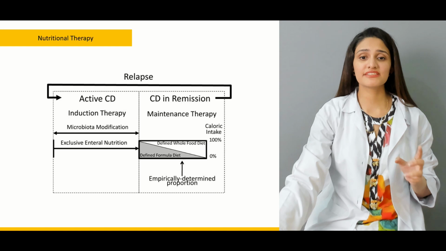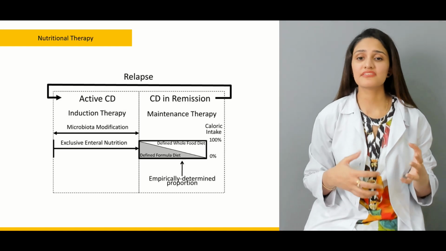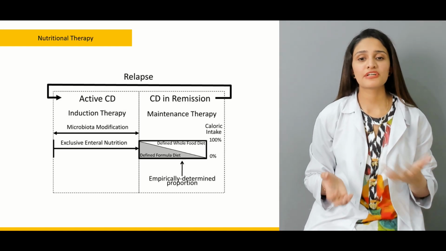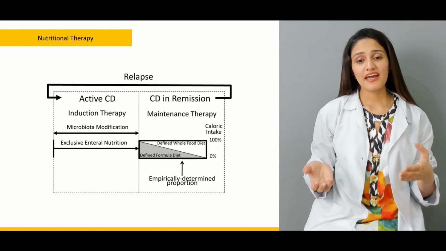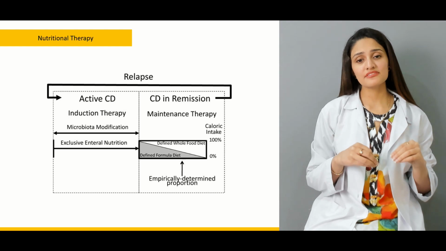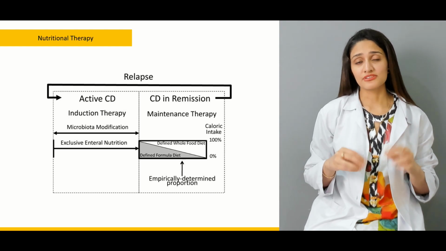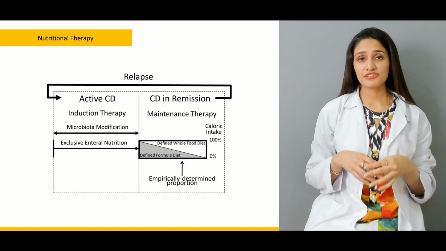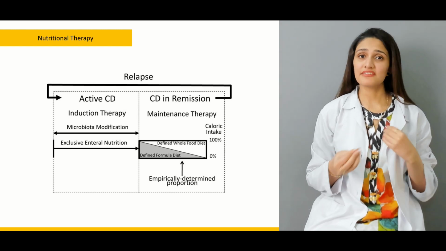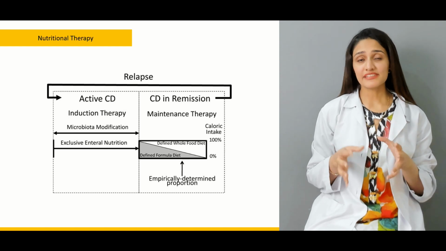So in active Crohn's disease, we usually treat the patient with induction therapy and microbiota modification and give them different types of medicines, and they're very exclusive to enteral nutrition. So what exactly is enteral nutrition? For the patient with Crohn's disease, we don't give them anything through the mouth, so they aren't eating anything.